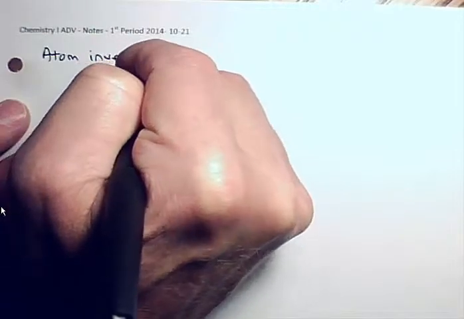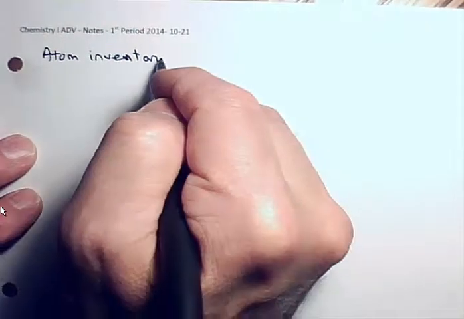All right, let's talk about balancing equations using an atom inventory system. Atom inventory. Well, my writing doesn't look so good today.